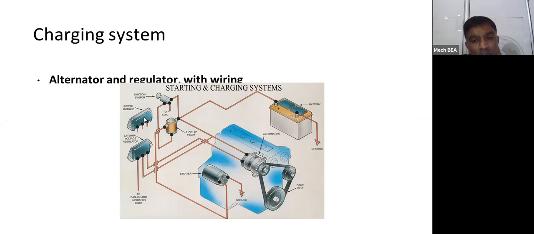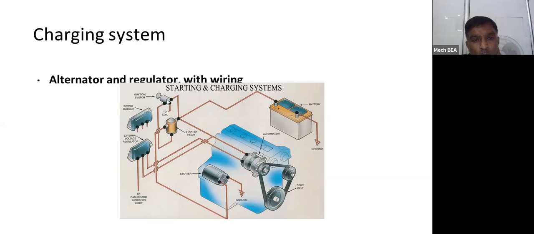So you can see this. This is the engine. This is the battery. Here you can see the ignition switch. This one is the starter relay. This one is the starter.